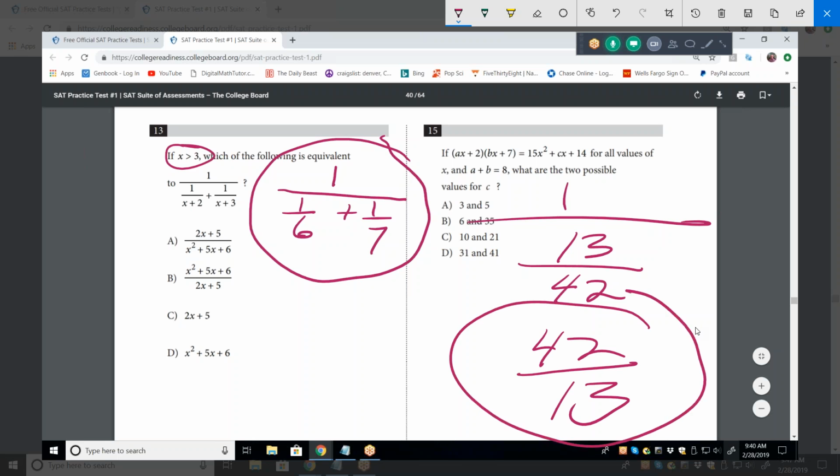That is the value of that expression when x equals 4. You with me? Yep. So now all I've got to do is go through each of these expressions and find out which one is equal to 42 over 13 when I substitute 4 for x. Clearly not that one. That's equal to 9.